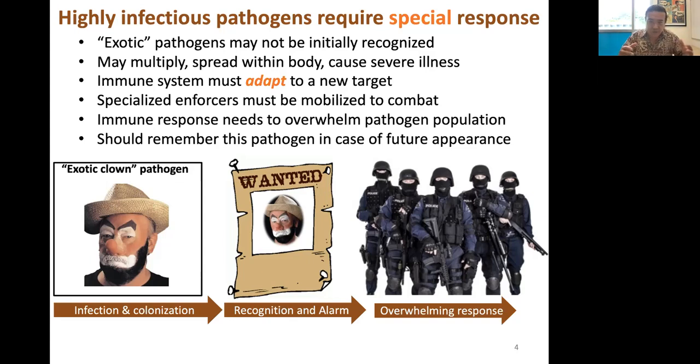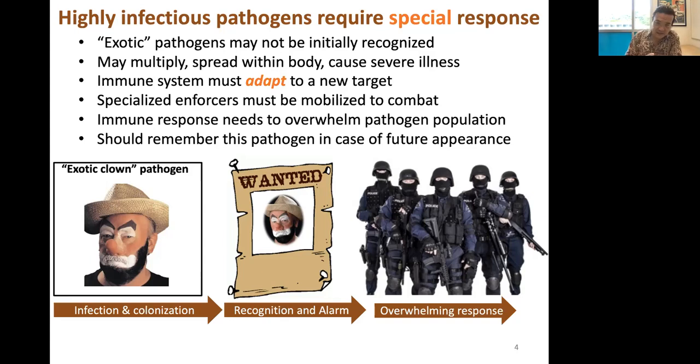So rather than just a mall cop wandering around with his little plastic handcuffs or whatever, you need to have the SWAT team come in and really take out this pathogen. The immune response has to be overwhelming. It has to really be effective in overpowering a pathogen population that has already begun to spread through your body.